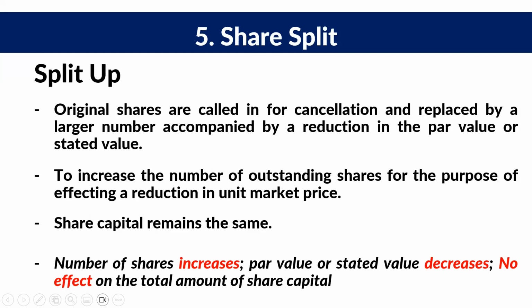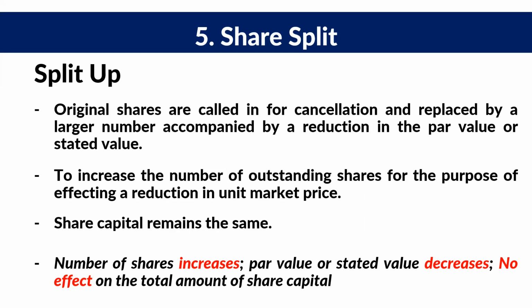So what happens here is that the original shares are called in for cancellation, and then replaced by a larger number of shares. Since we now have more shares, the cost per share or price per share will be reduced. So the purpose is to increase the number of outstanding shares to effect a reduction in the unit market price.